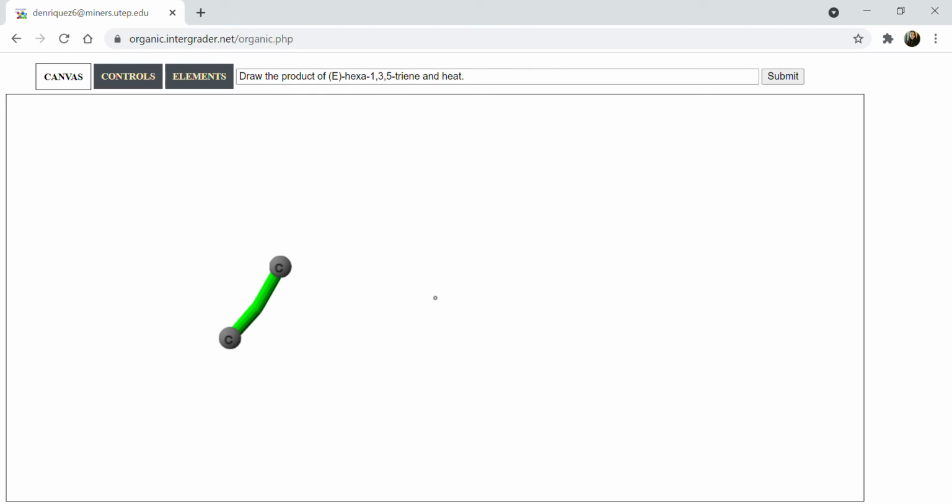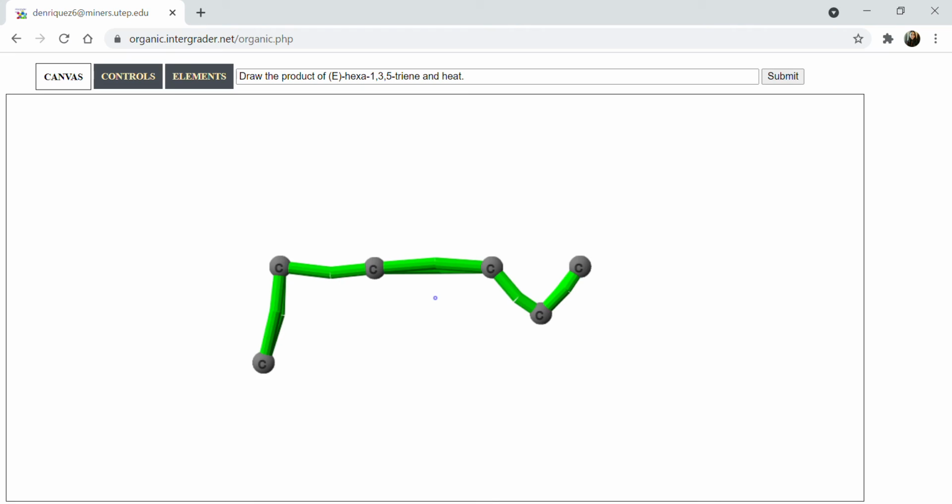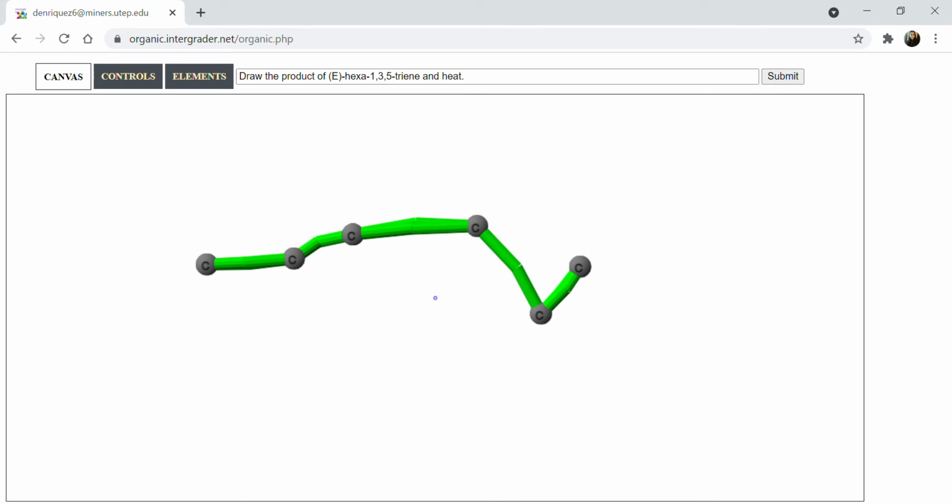So I already put a double bond here, and then 1, 2, 3, I'll put a double bond here, and then 4, 5. I'm going to move these around because all of them are going to be, the middle one's going to be trans.